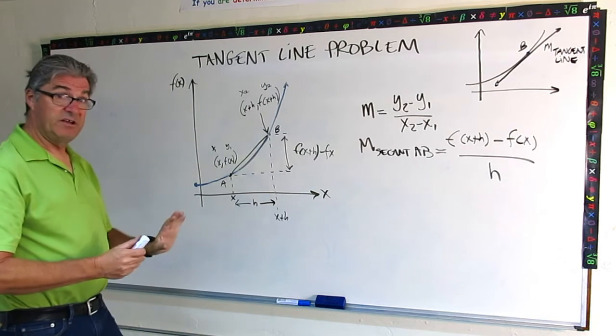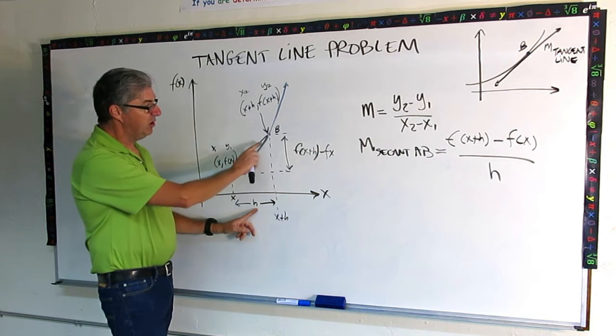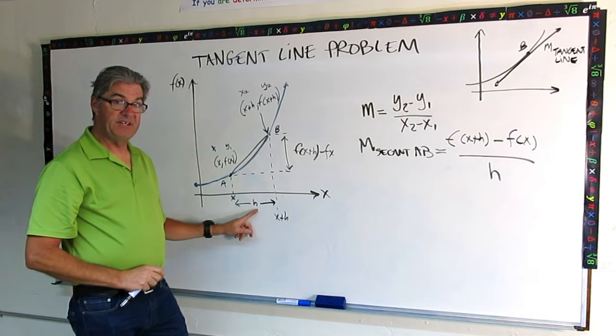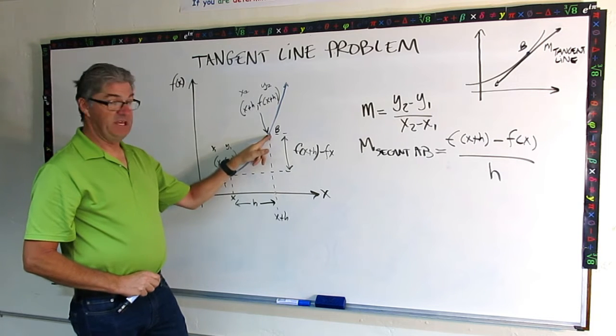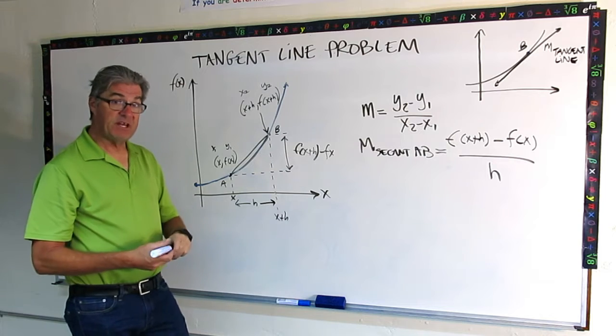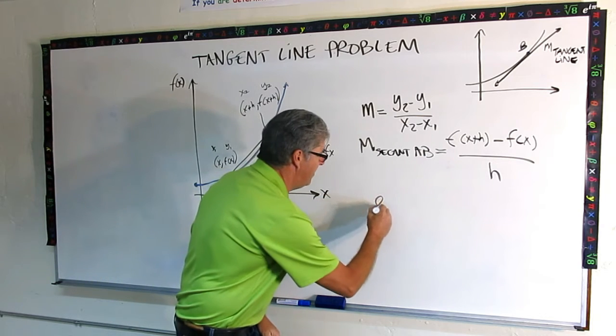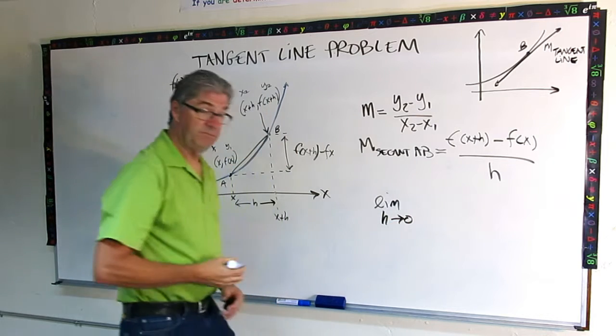The idea here is, what's happening to h as we get closer and closer to B? It's getting smaller and smaller and smaller. At B, there is no h. So what's happening is we're taking the limit as h approaches 0.